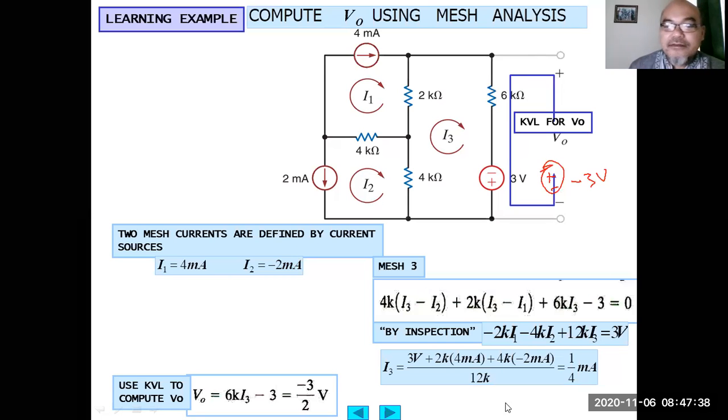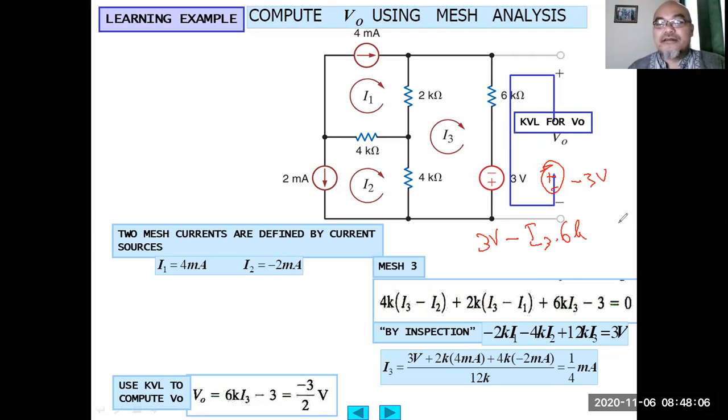If we write down the loop equation of this KVL for VO, if we depart from here, this becomes 3 volt plus, or this is negative, negative I3 times 6 kilo ohm.